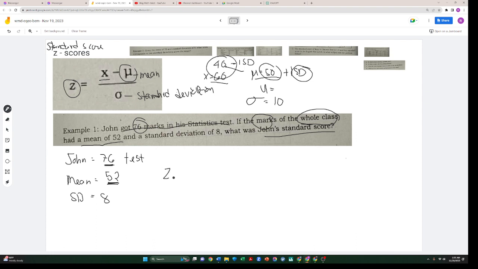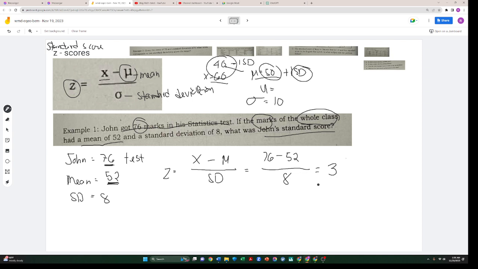We have the formula here: x, John's test score, minus the mean, the mark of the whole class, divided by the standard deviation. Let's substitute: 76 minus 52 divided by 8. So, the answer is 3.